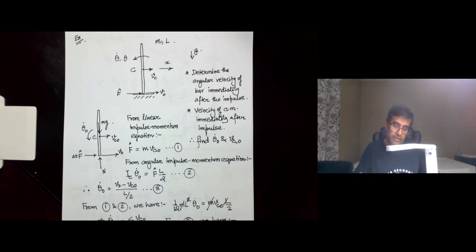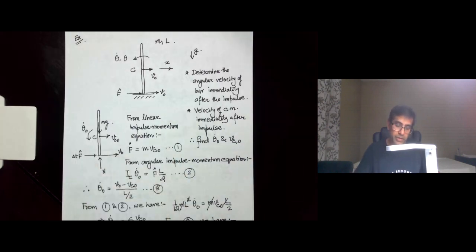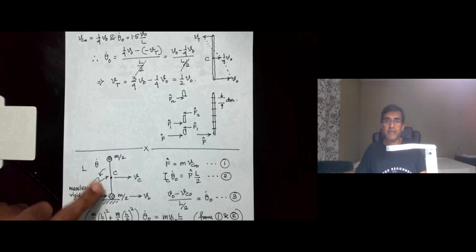Now, in this video, we also went on to demonstrate how the results would change if instead of a uniform bar, it was 2 particles connected by a rigid massless link. So this extension was done here, as you can see.